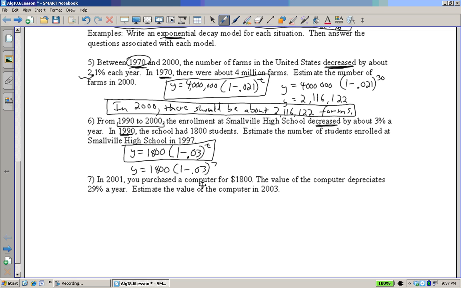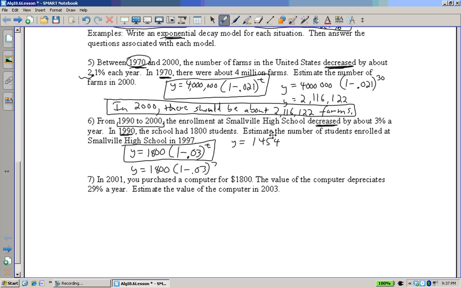So that gives me, do on the calculator, and that is about, well, I'll tell you what, it's going to give me 1,454 students to the nearest student.